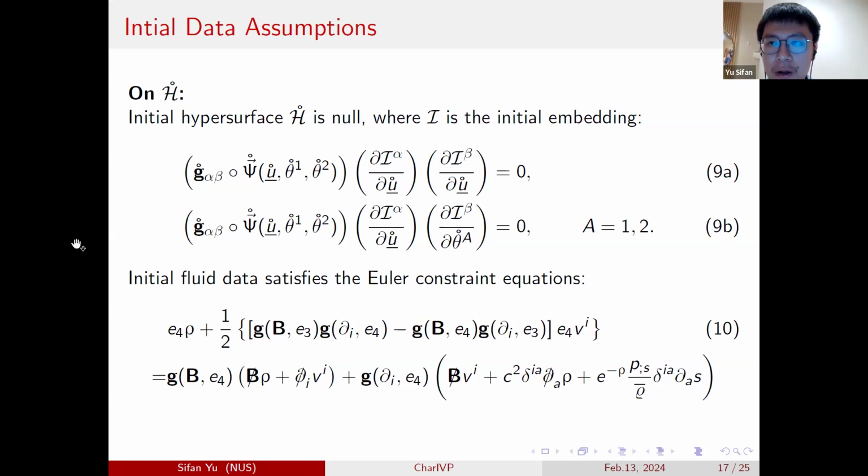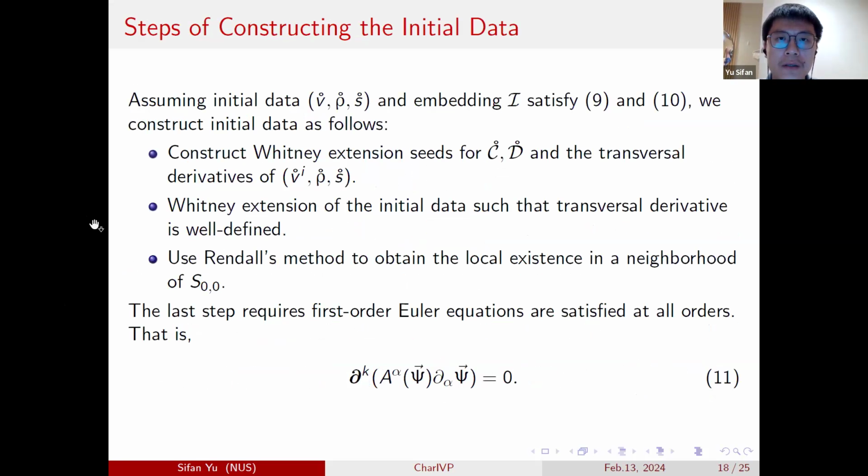We will prescribe rho, v, s on the initial hypersurface as long as these three equations are satisfied. And you can find these three conditions satisfied everywhere in the standard Cauchy evolution problem.